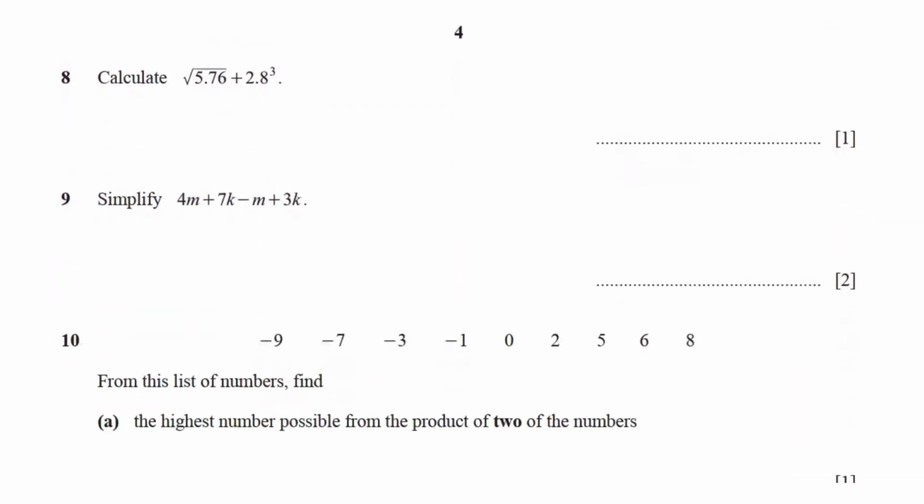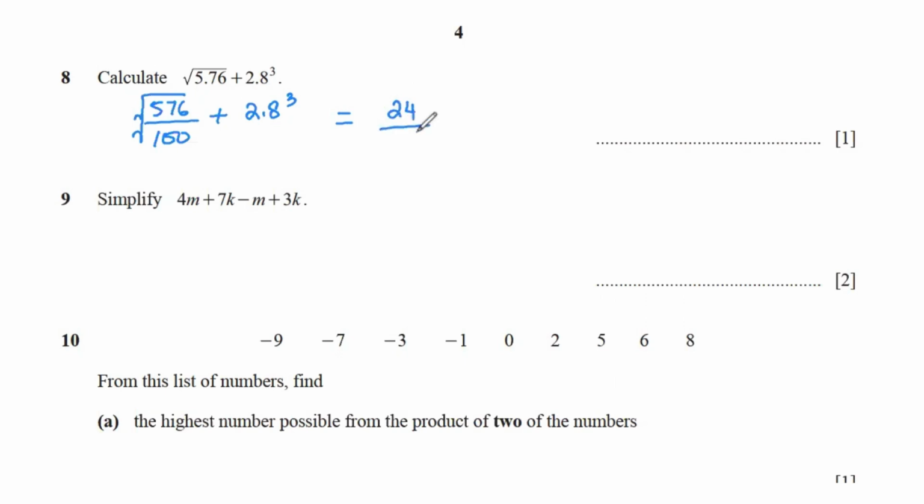Question 8 says calculate the square root of 5.76 plus 2.8 cubed. Now 5.76 can be rewritten as 576 over 100, plus 2.8 cubed. 576 is a square number because it's basically 24 squared.